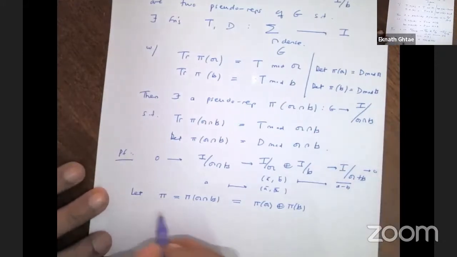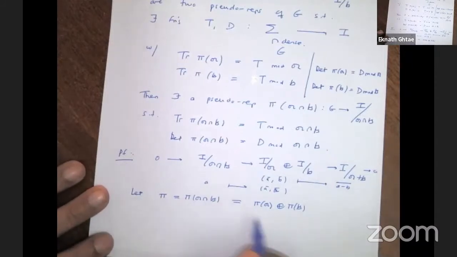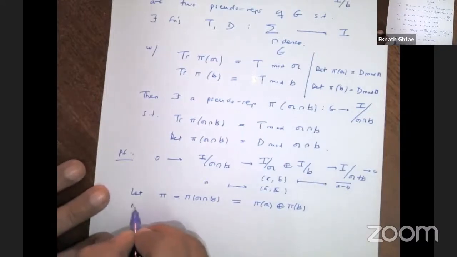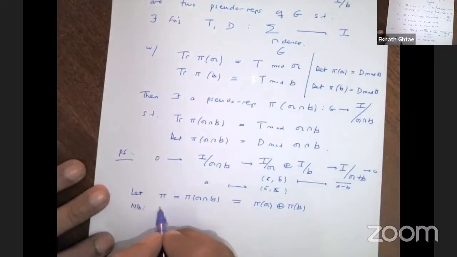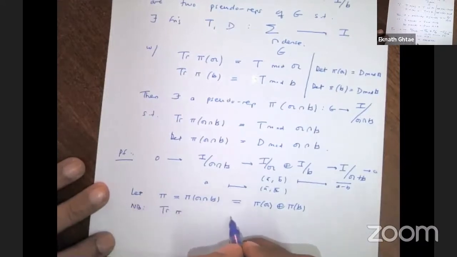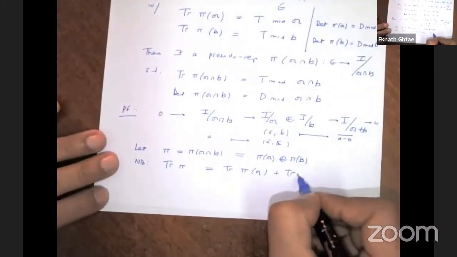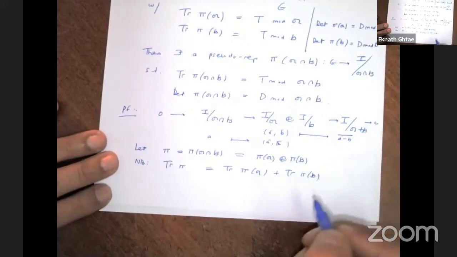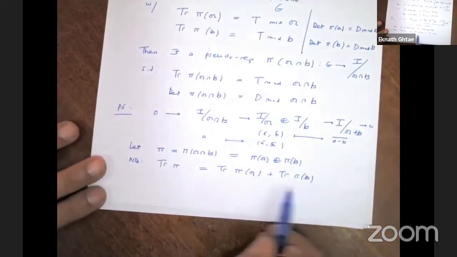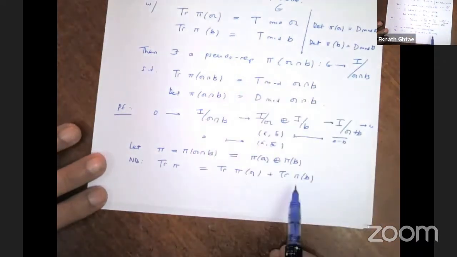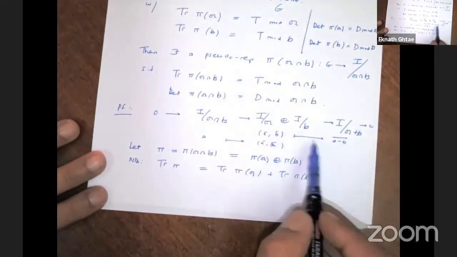Well, what do we notice? This is going to be pi to A intersection B eventually, but let's notice for now that the trace of pi, which is the trace of pi of A plus the trace of pi of B. Well, what is this? It's basically T and T, by these conditions up here. And what happens to this thing, this ordered pair, when you push it over here?